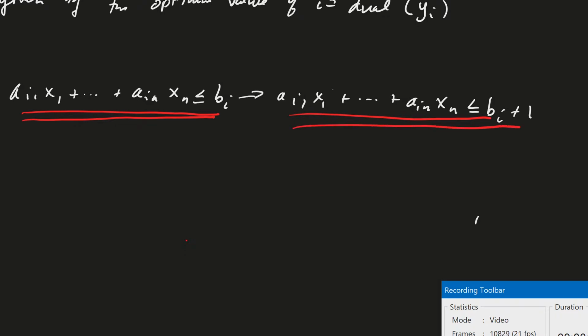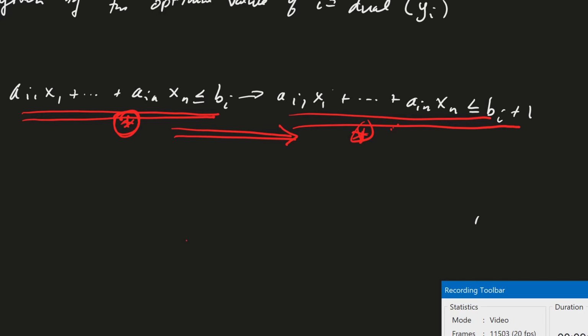You see that any x value that satisfies the left-hand side automatically satisfies the right-hand side. Therefore, the right-hand side corresponds to a larger domain than the left. And so therefore, what can you say about your shadow price? The shadow price, again, is the value by which the z improves when we increase the ith constraint by 1.